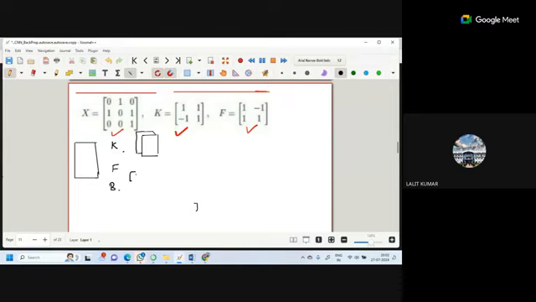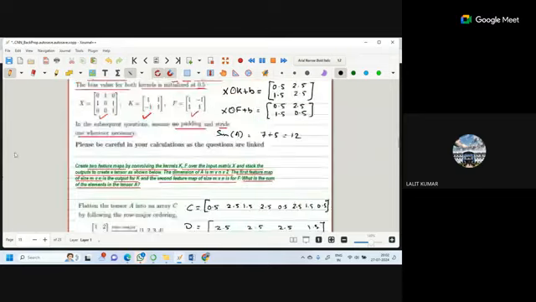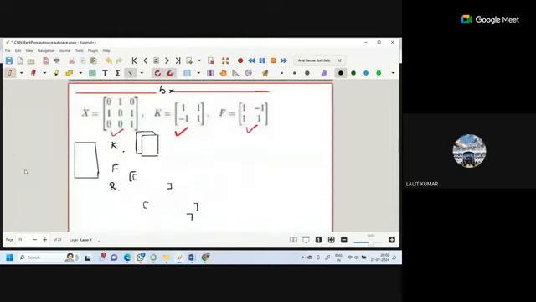So let's find it. The bias in the question is also given. Bias is how much? 0.5. So let's calculate, go step by step. This will become 0, 1, 0, 1. So only these are participating, minus 1, 1, 0. This will become 0.5. We come here, only 2. This will become 2.5. Here only 1 is participating, 1.5.